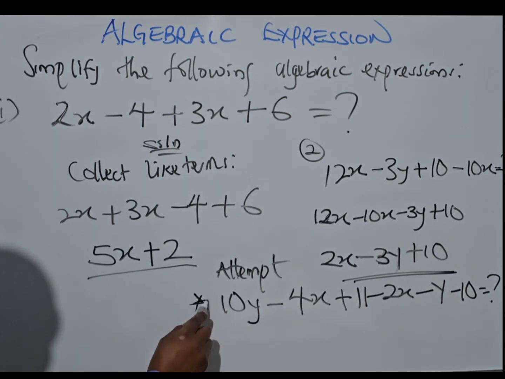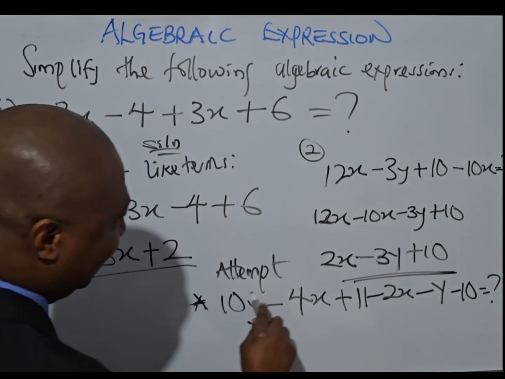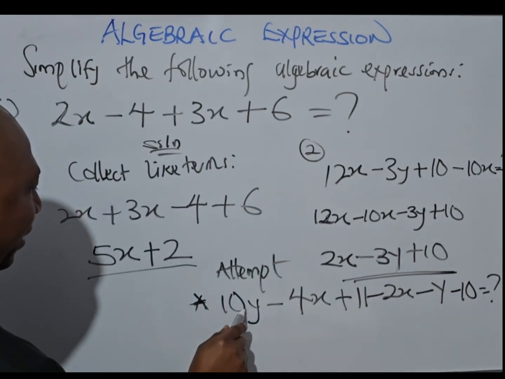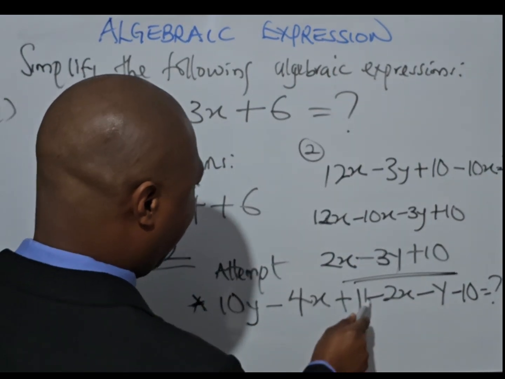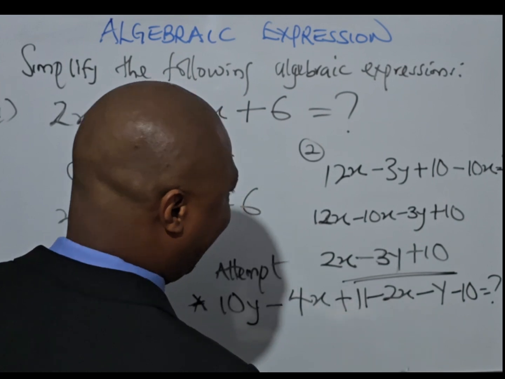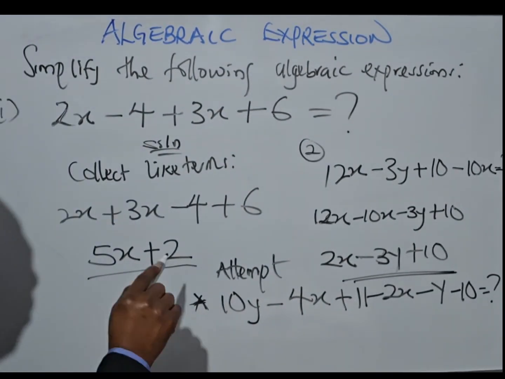Attempt this and drop your answer. 10y minus 4s plus 11 minus 2s minus y minus 10 equal to, what is the answer to this?